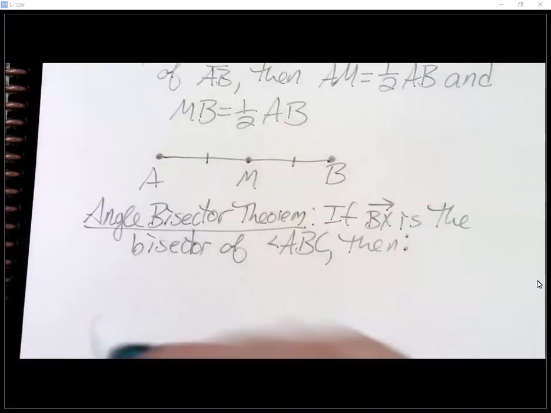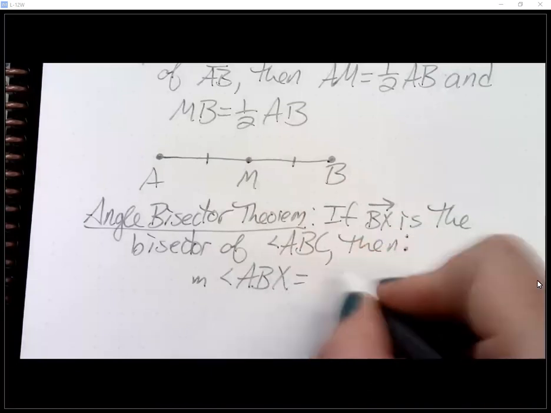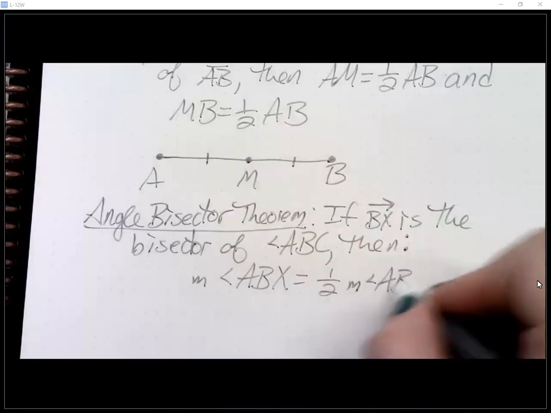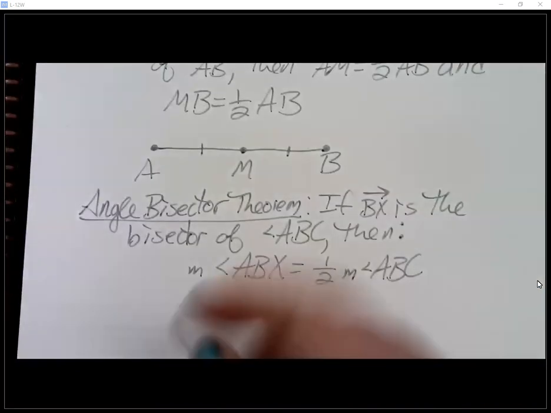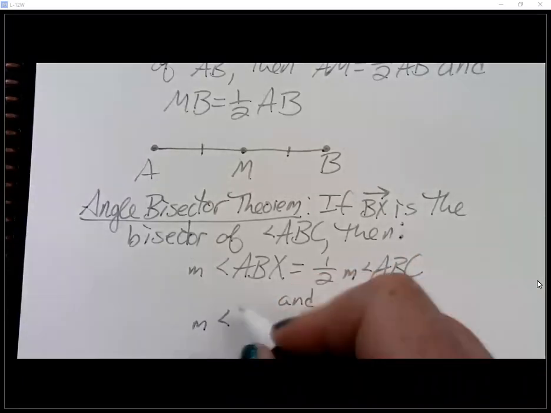The measure of angle ABX would be equal to half the whole thing, as well as angle XBC.